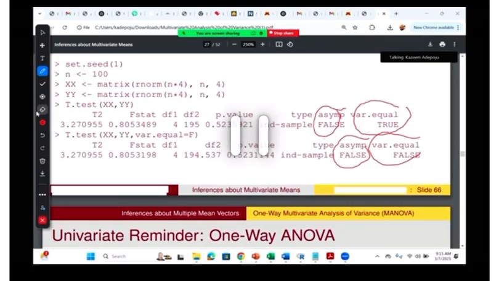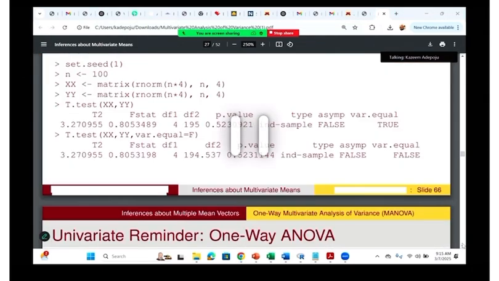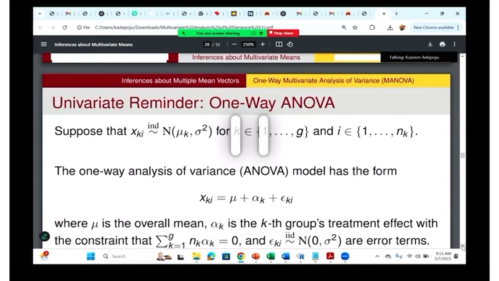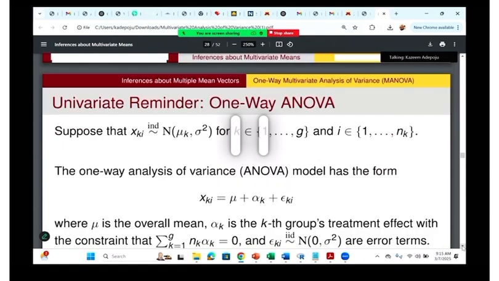Now, to finish this material, I want to introduce you to multivariate analysis of variance. The one we've completed now is when we are only comparing 2 groups. But right now, we want to go into more than 2 groups, multiple groups.